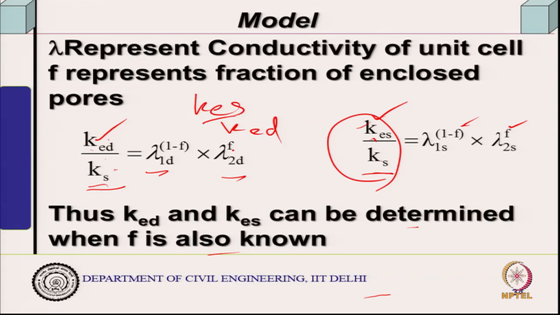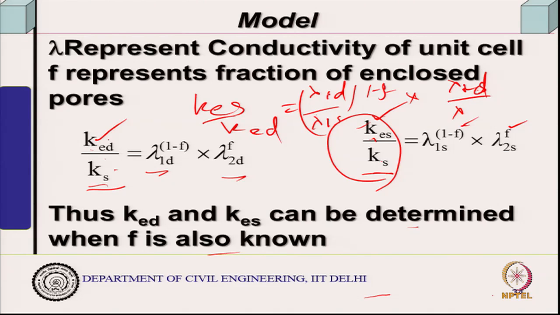If I want to solve for f, this will be what? Lambda 1d to the power lambda 1d by lambda 1s to the power 1 minus f multiplied by lambda 2s divided by lambda 2d to the power f. I am just finding out the ratio of Ks.